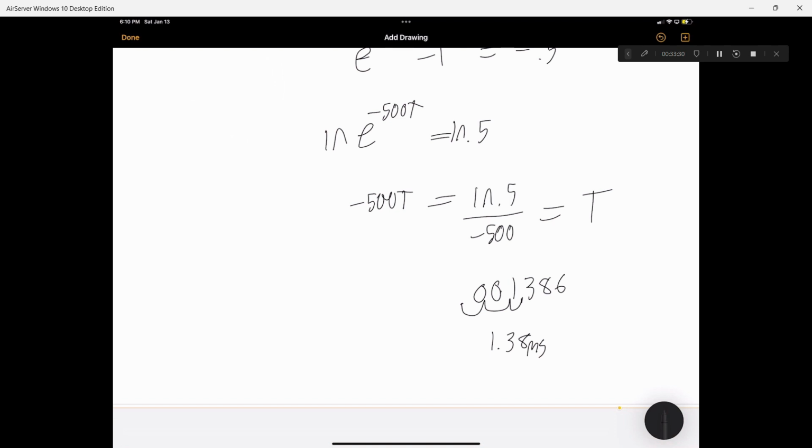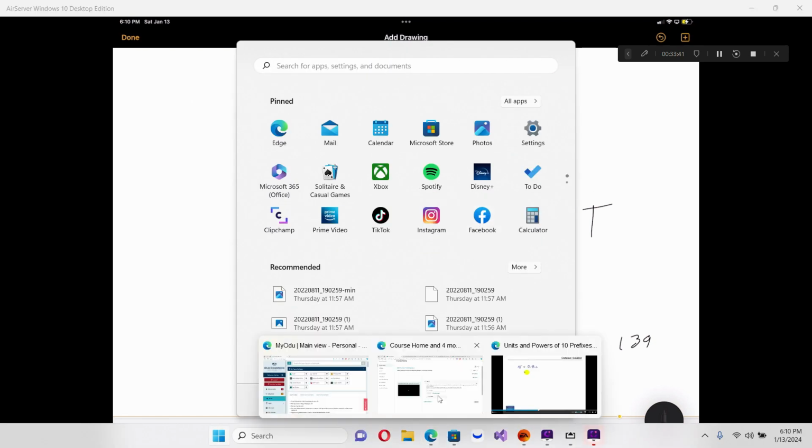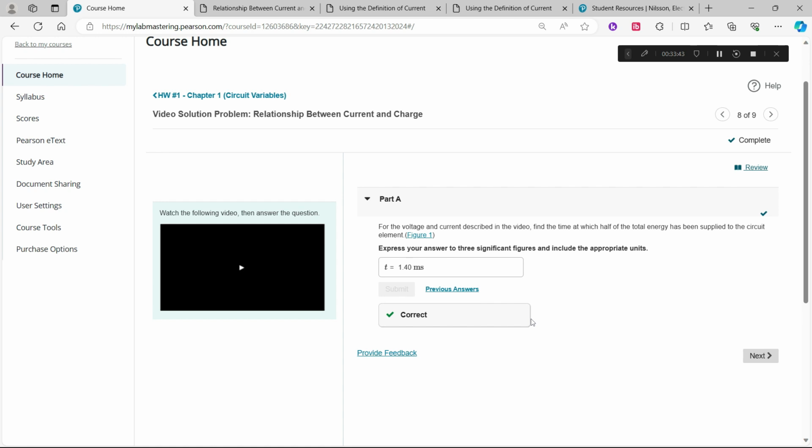And then 3 significant figures: 1.39, which is very close to our answer. They rounded a lot more than I did. There's like a percent error with this. That'll make it fine. All right, that's that.